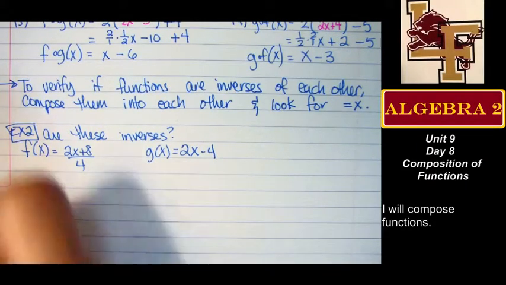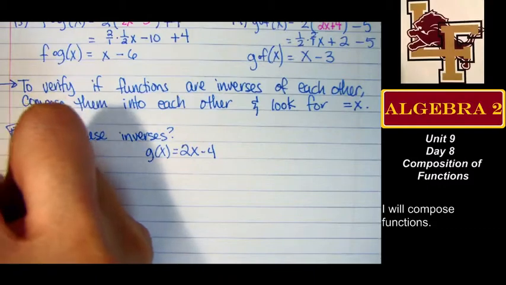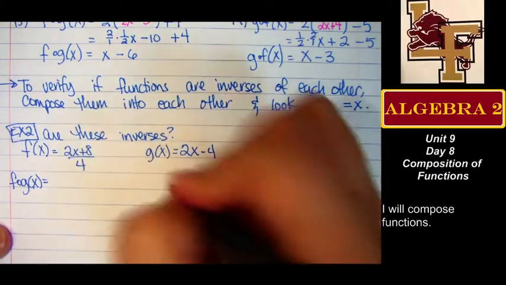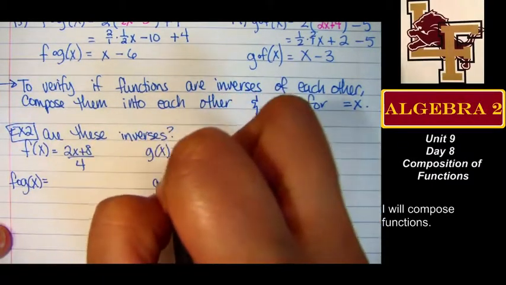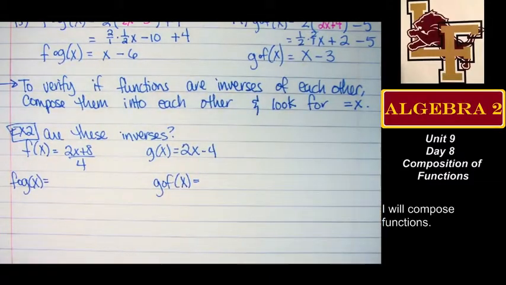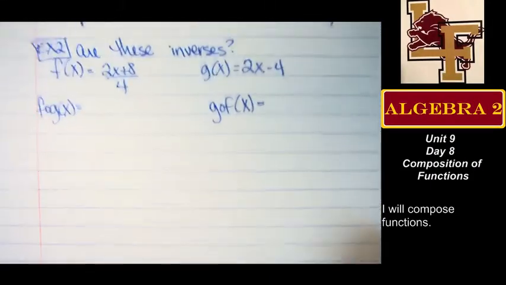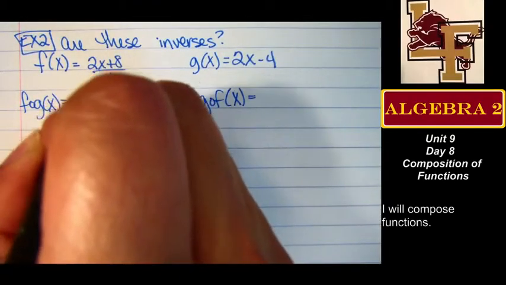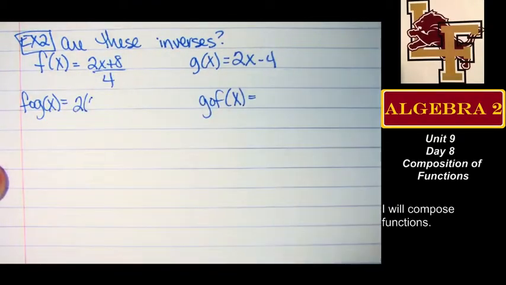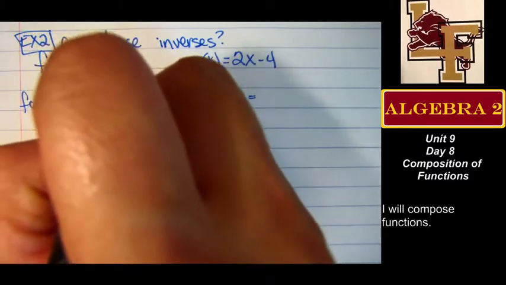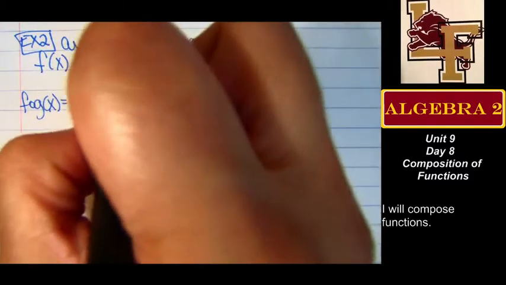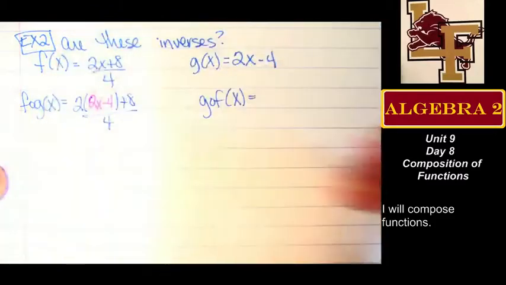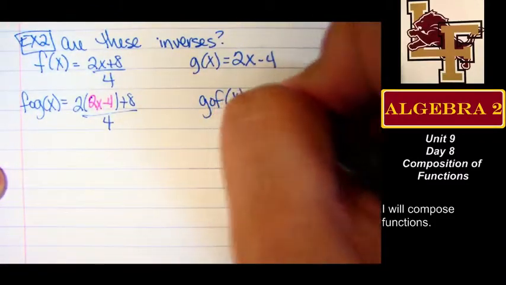So that's what I'm going to do. I'm going to do first F compose G, and then G compose F. And I'm just going to see what happens. All right, so here's F compose G. And then this is G compose F.